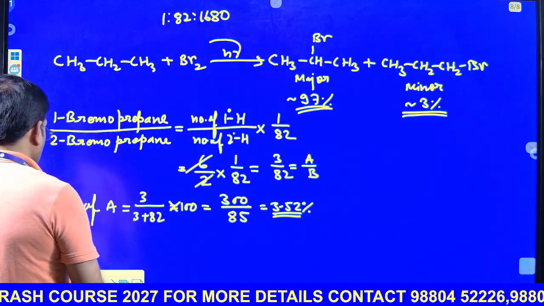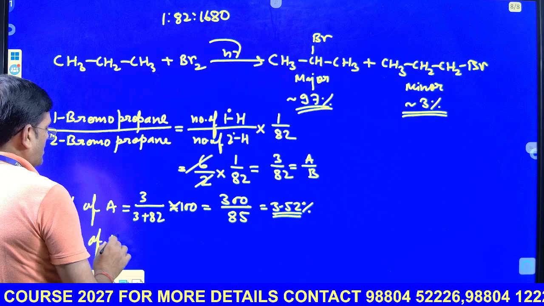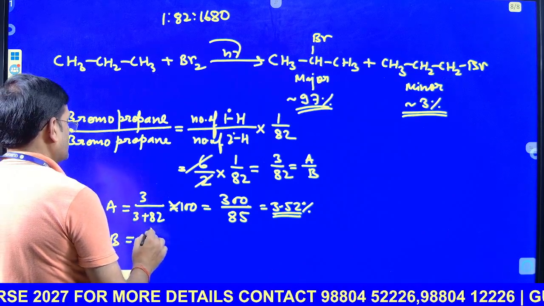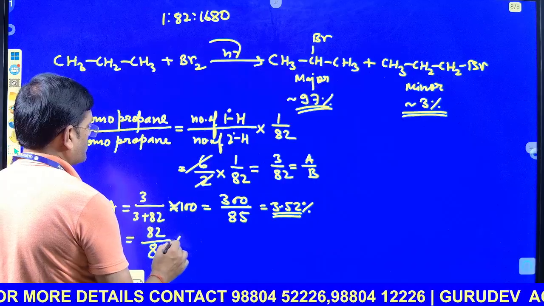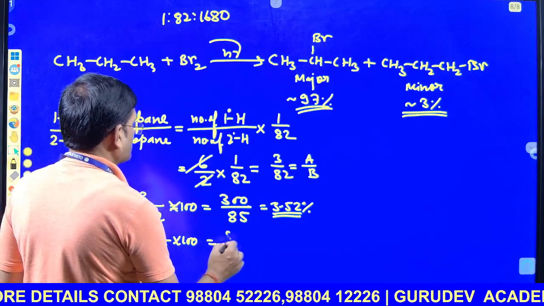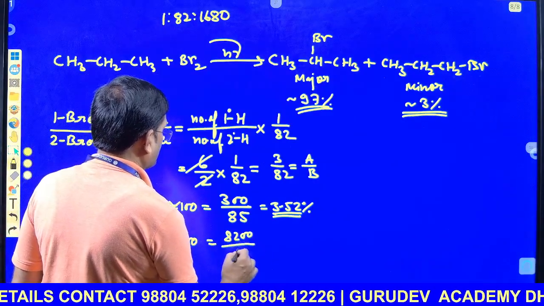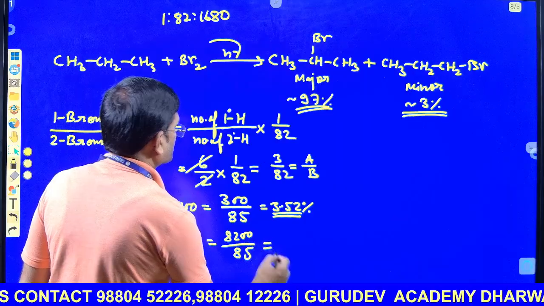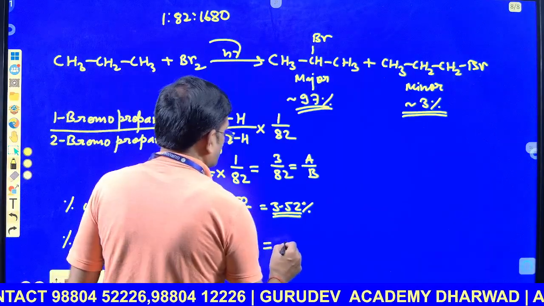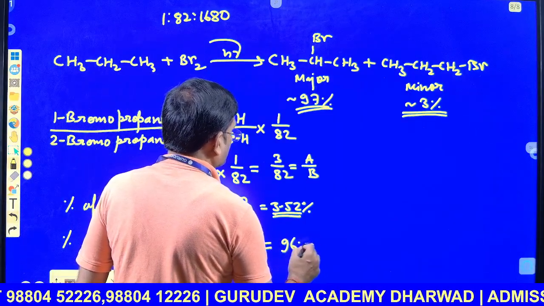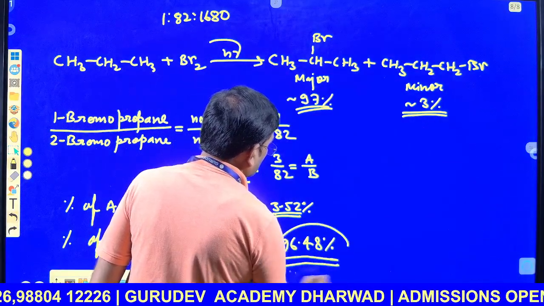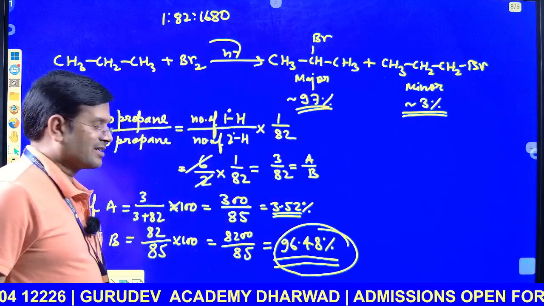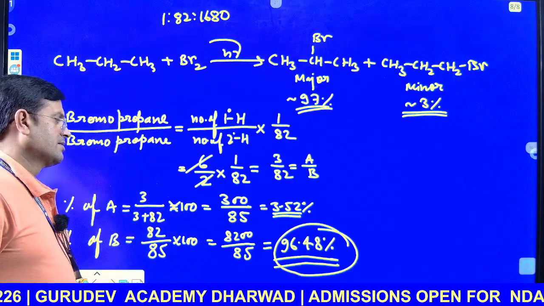So similarly, percentage of B is equal to what? 82 divided by 85 into 100, that is 8200 divided by 85. So it is coming out to be 96.48%. See, this much yield in an organic reaction is an excellent yield.